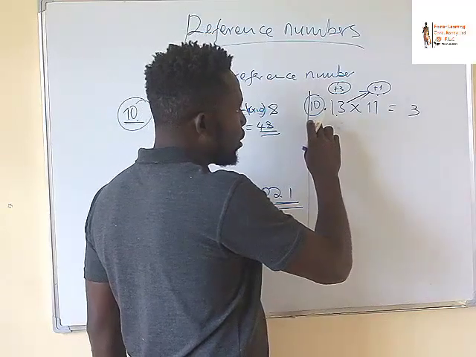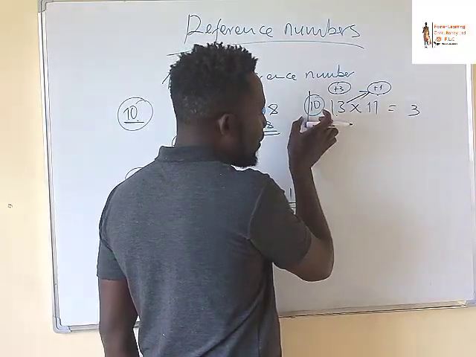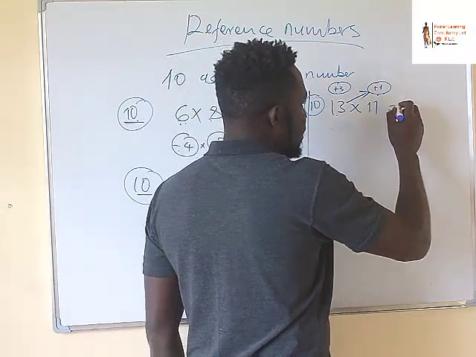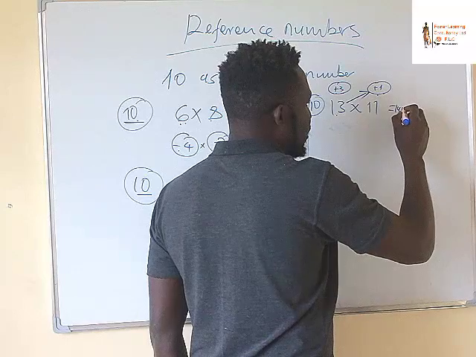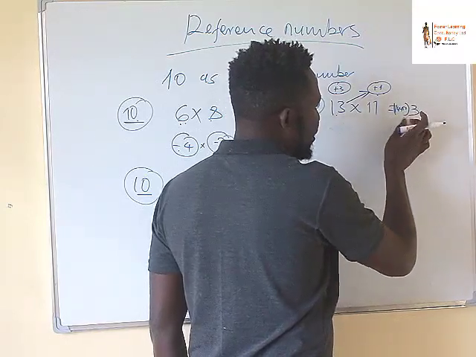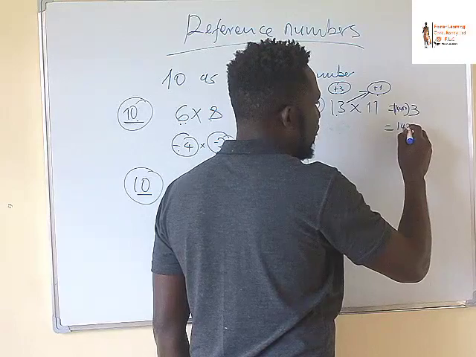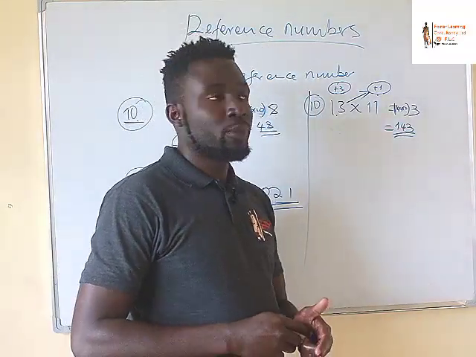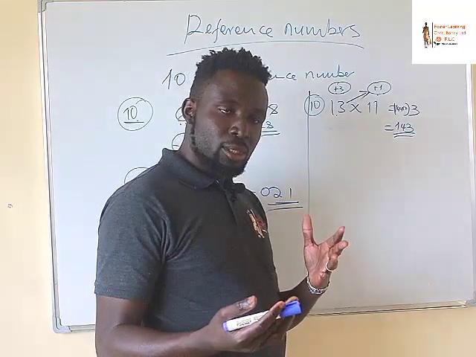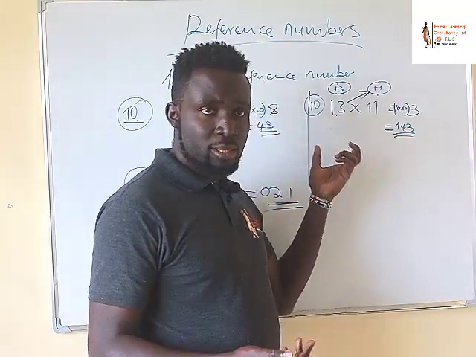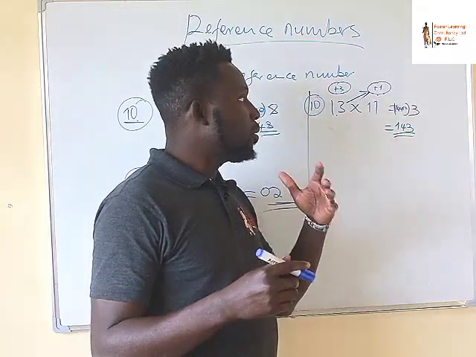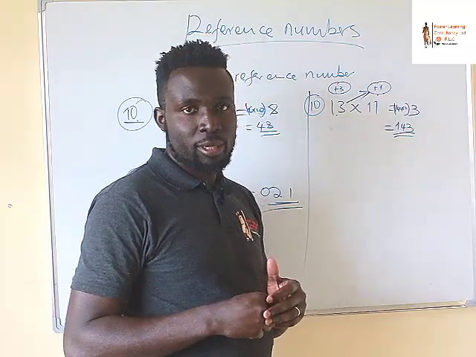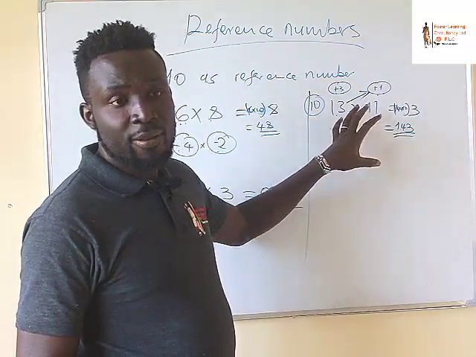In that case, we still have 14, and that 14 we multiply by 10, so we have 140. So it's going to be 14 by 10, then plus 3, so that one gives us 143. That's our answer. So the most important thing here is to practice these methods and shortcuts to improve your calculation. Okay? So with this, everything becomes easier.